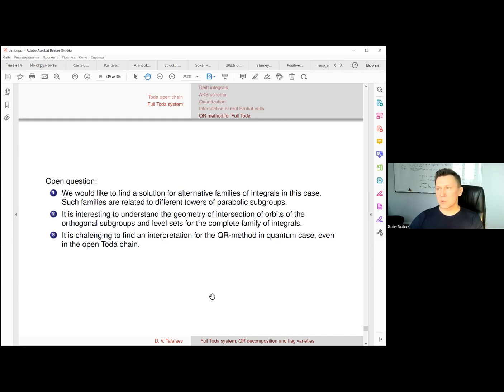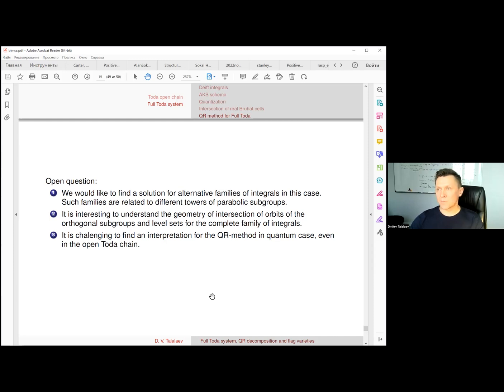Another question, we are working on this question now with my colleagues. But principally, it's the geometry of intersection of orbits of orthogonal subgroups from this tower of orthogonal subgroups and the level sets of the complete family of integrals.